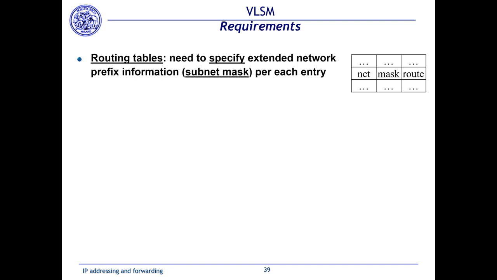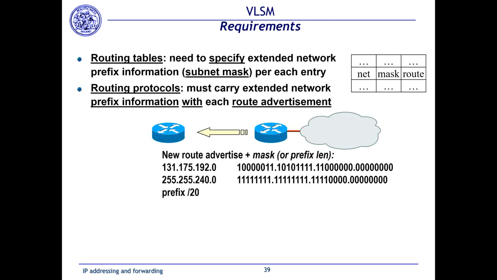So in the routing tables, you always have to specify the mask, the network prefix and the mask, or equivalently, the network prefix associated with the length of the prefix, because the mask has an impact on how packets are routed.